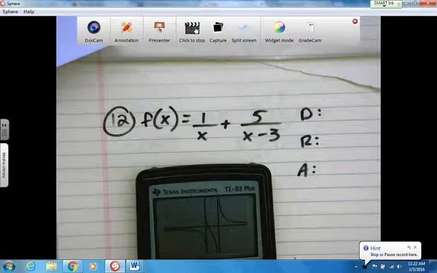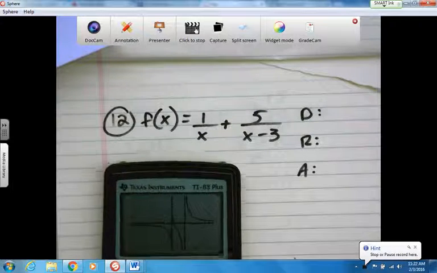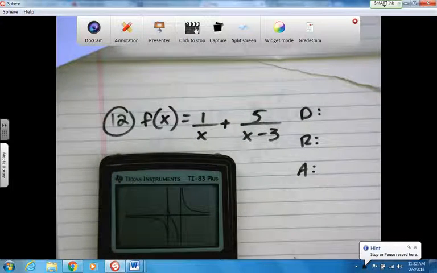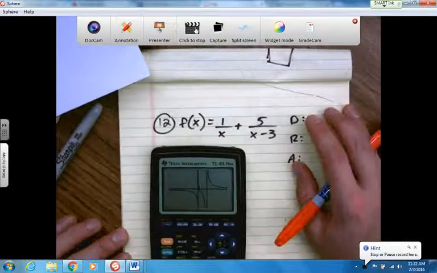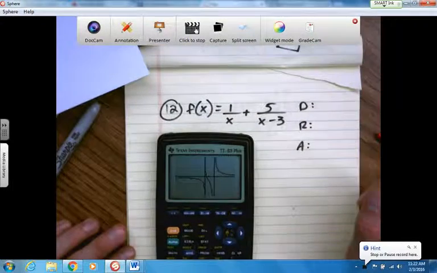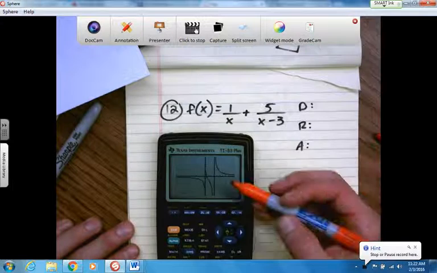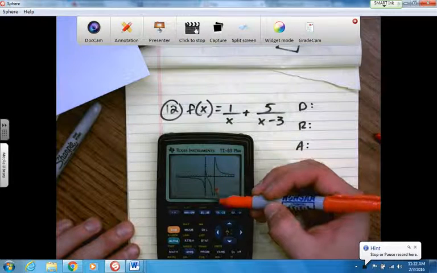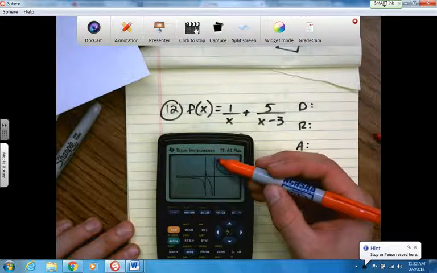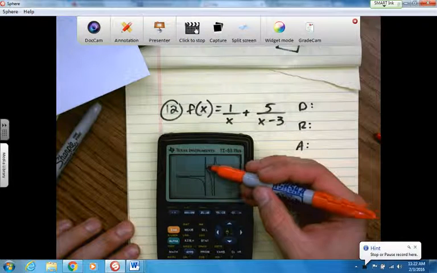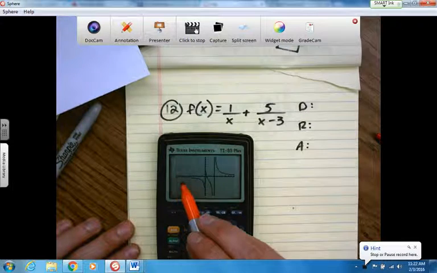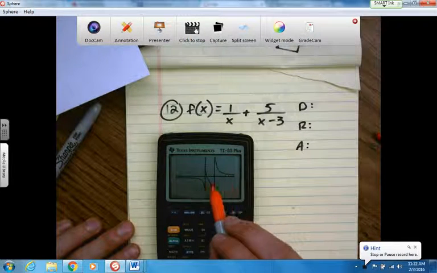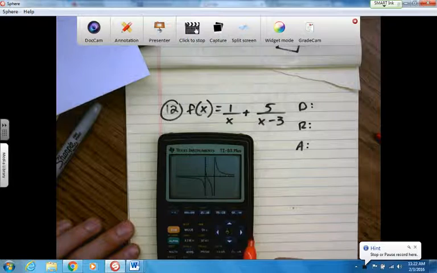How do you know there were asymptotes and where are they? Okay.